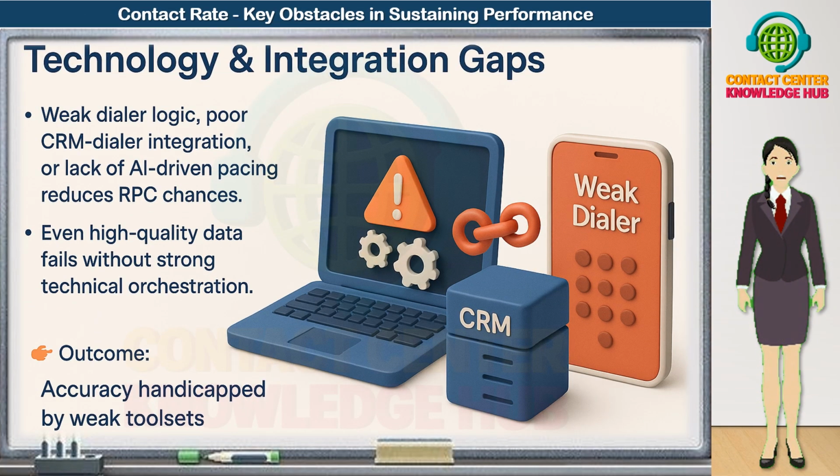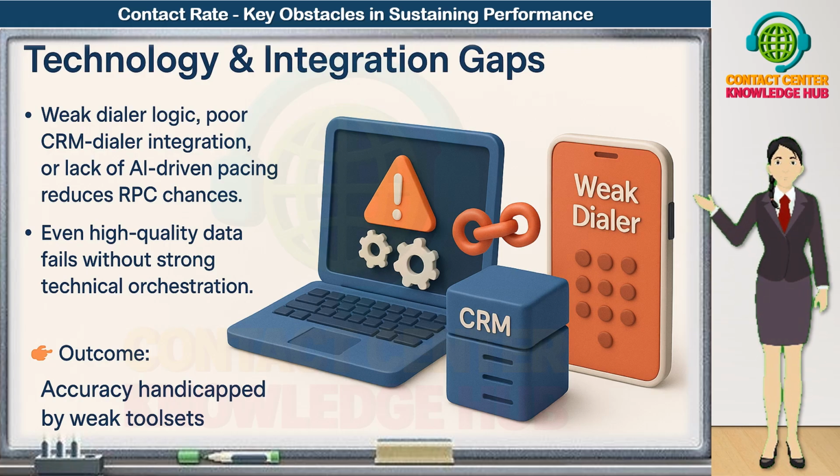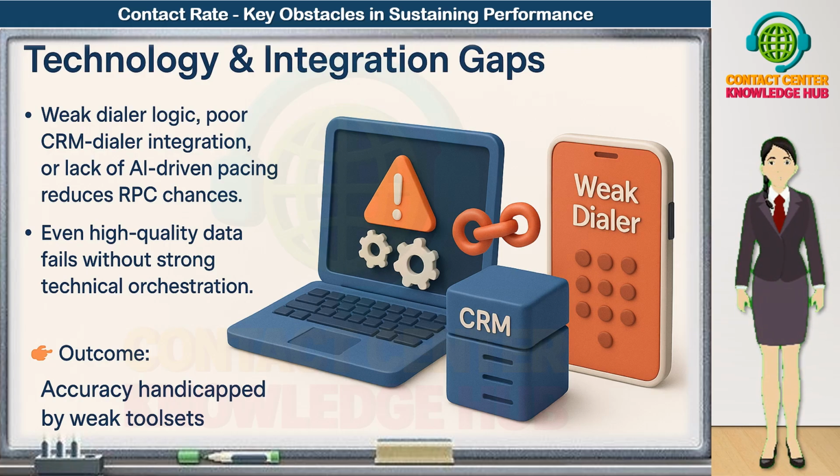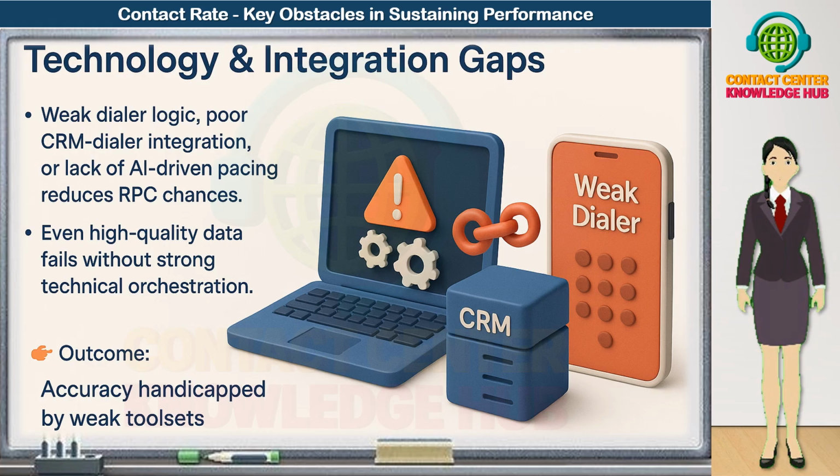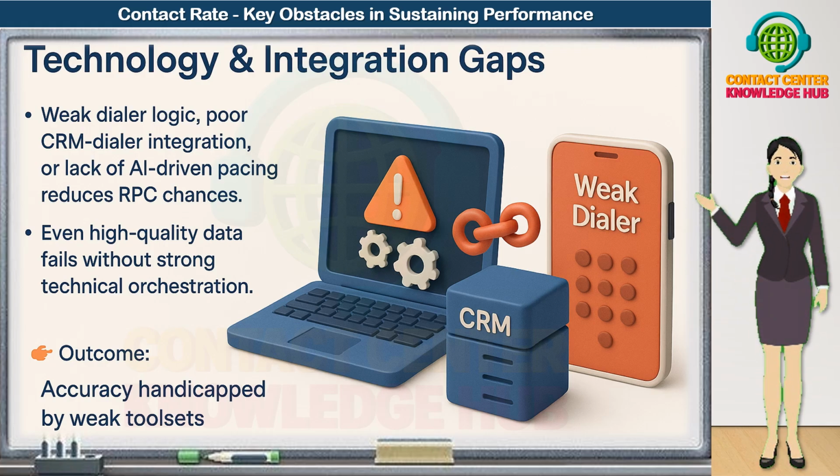Let's now examine a critical operational obstacle that often goes unnoticed: technology and integration gaps. Even the best data and the most skilled agents can underperform if your technology ecosystem isn't fully connected. When your dialer logic is weak, or your CRM and dialer aren't properly integrated, essential information like call history, customer preferences, and retry schedules can fall through the cracks.